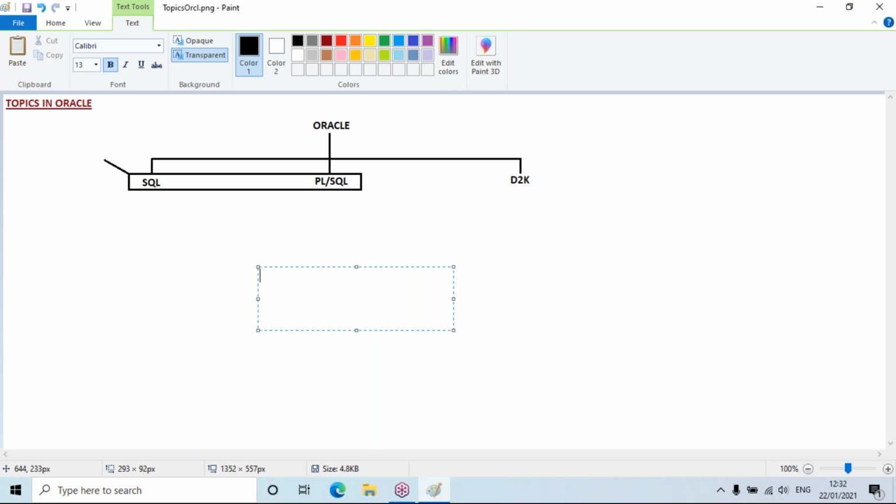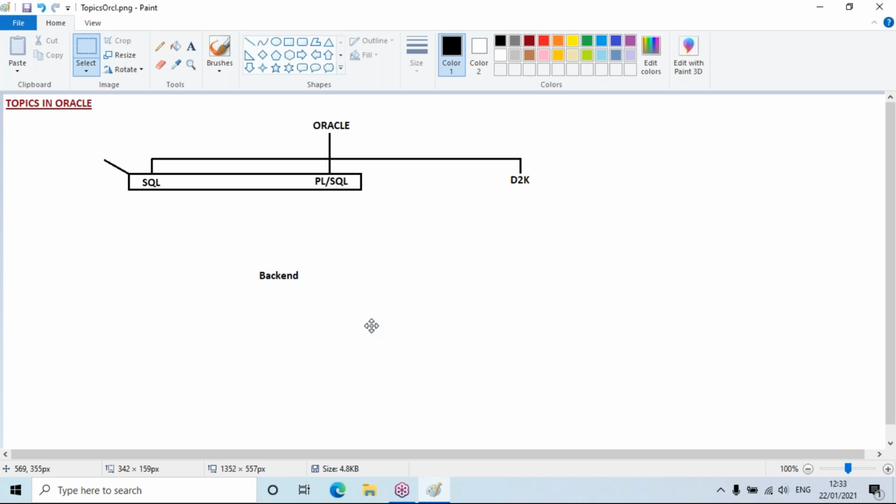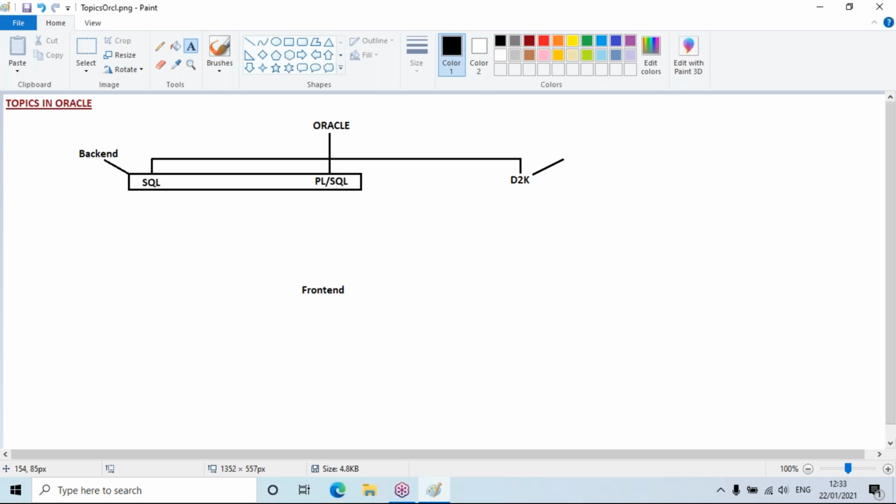As I said, backend. Whereas this topic, D2K, is called the front end of Oracle.